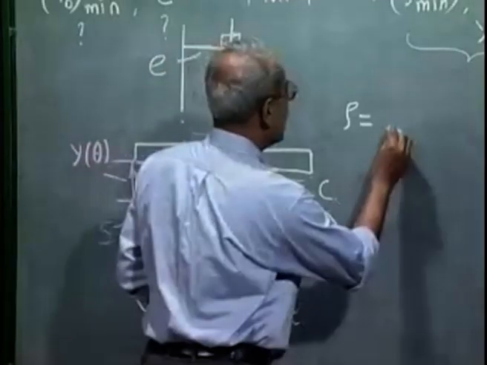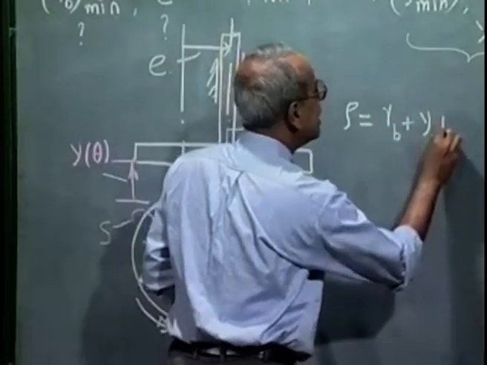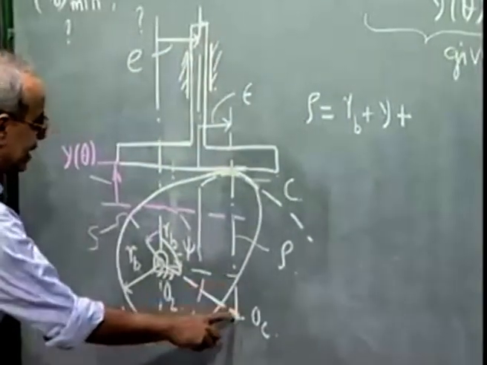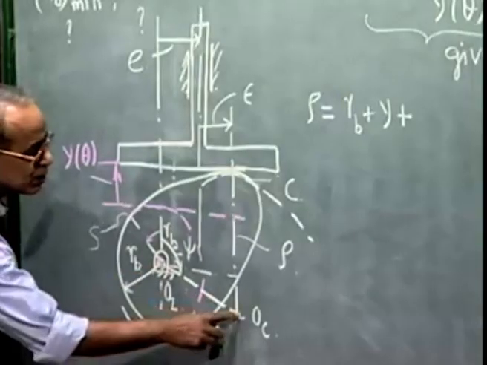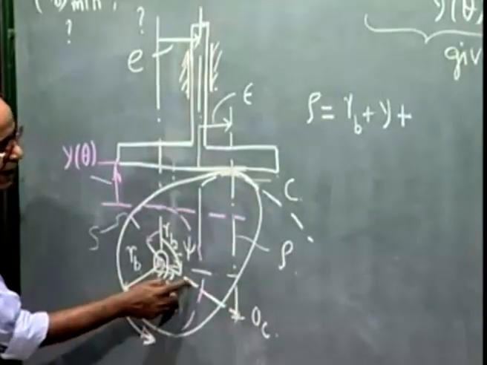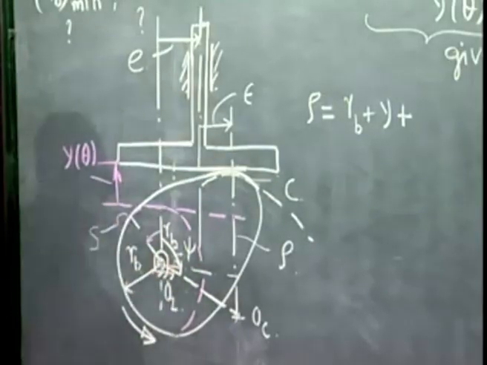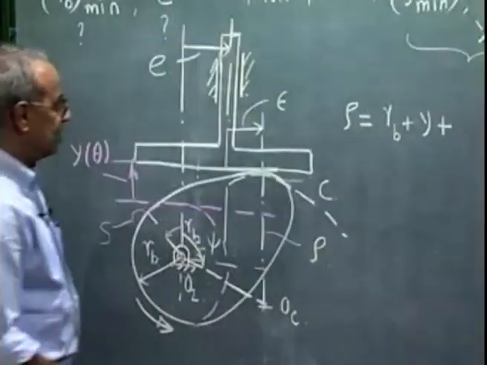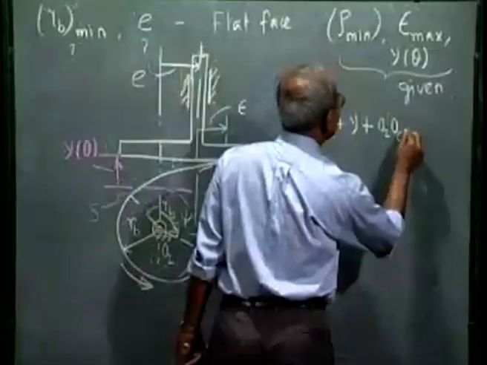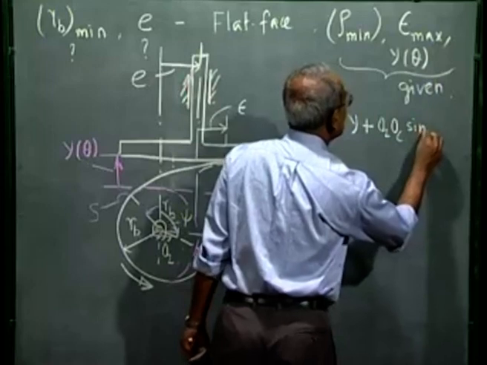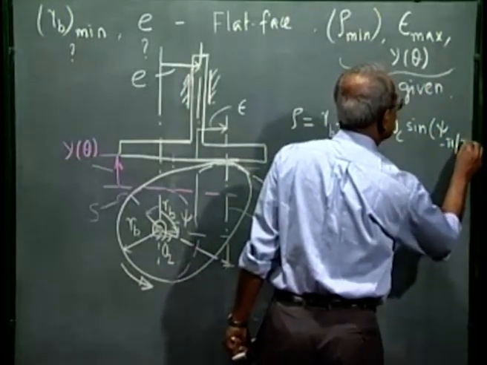I can write O2OC, this distance, sine of this angle, that is sine of psi minus pi by 2.